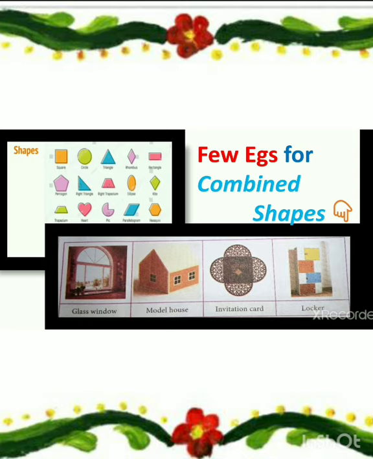An invitation card is made up of a rectangle with 4 semicircles. And the last one, the locker, is made up of rectangle and square shapes.